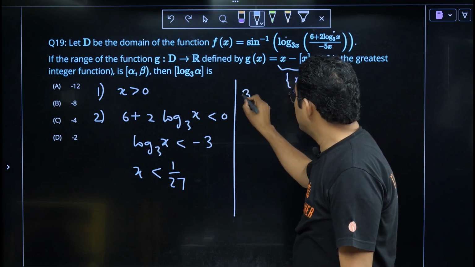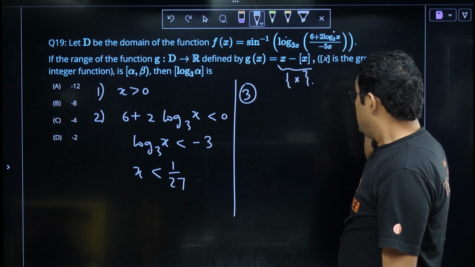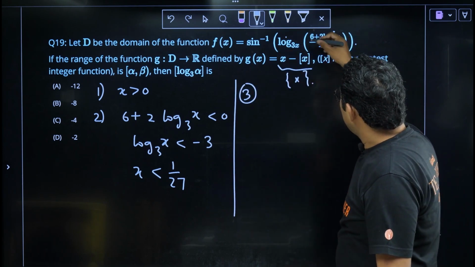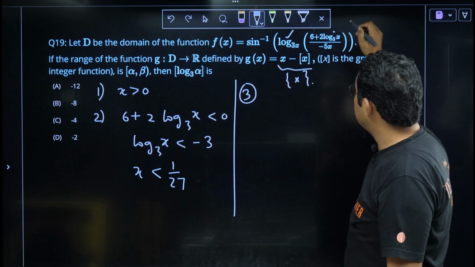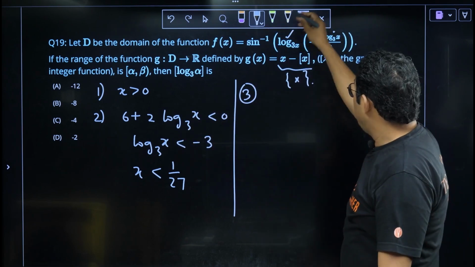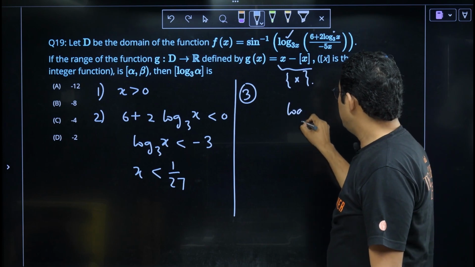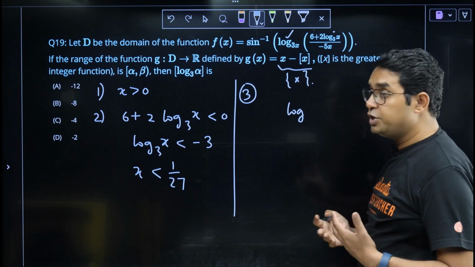Now coming to the third thing. For sine inverse, this entire thing has to lie between minus 1 and 1, which I am writing with the help of the change of base law.